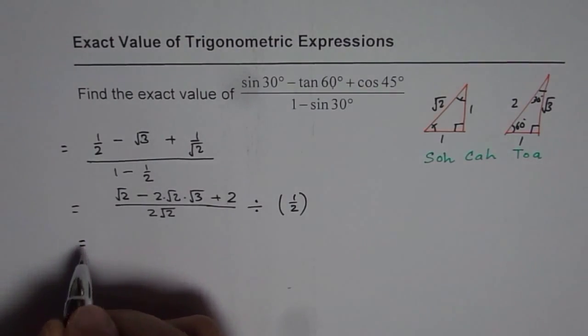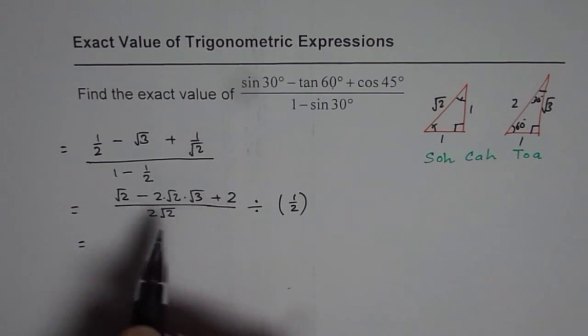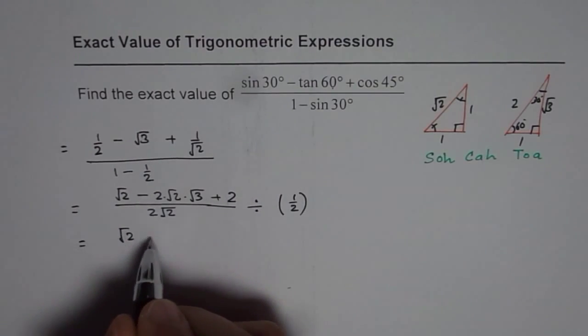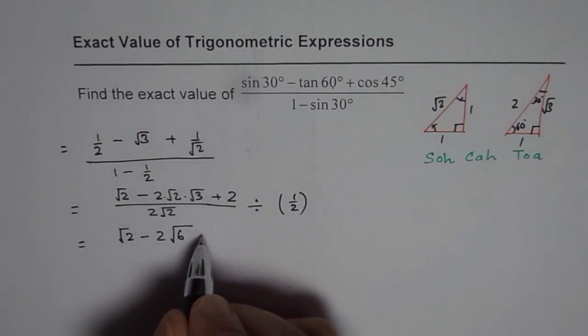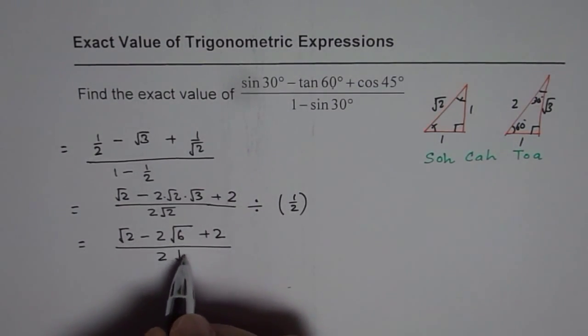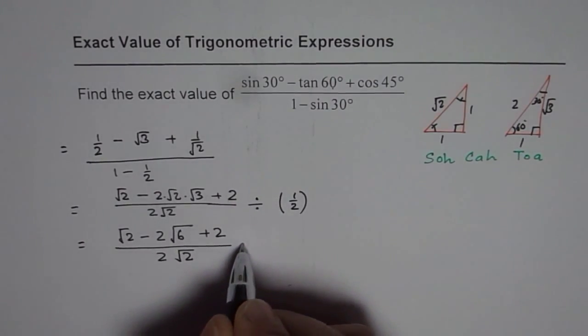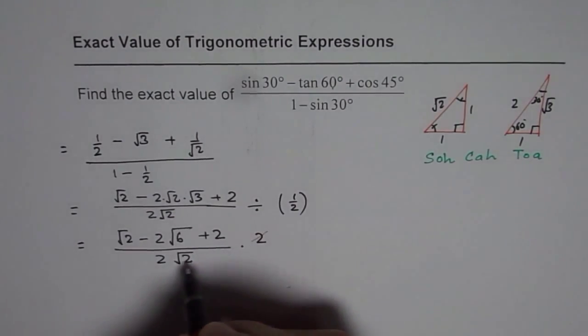So that gives us, can we simplify this? Not much. Let me just rewrite this as square root 2 minus 2 times square root of 6 plus 2, divided by 2 square root 2, and this gets multiplied by 2. Is that okay? Once you do that, you can actually simplify it a bit.